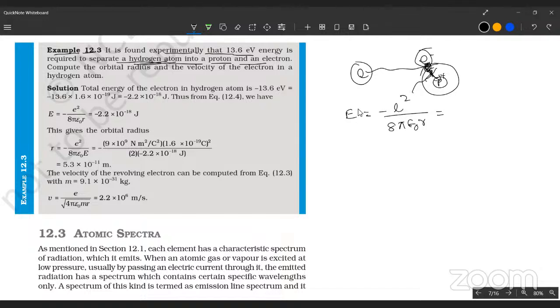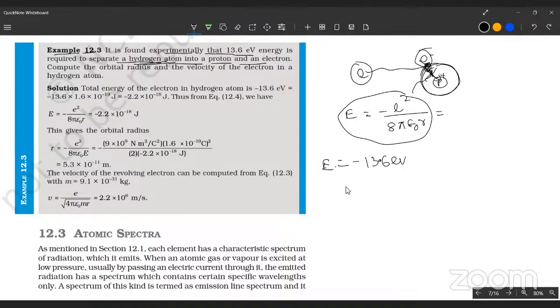If we calculate using everything, we will be getting 13.6 eV. What is the energy of the first shell? For the hydrogen atom, if the electron is in the first shell, the total energy is minus 13.6 eV.